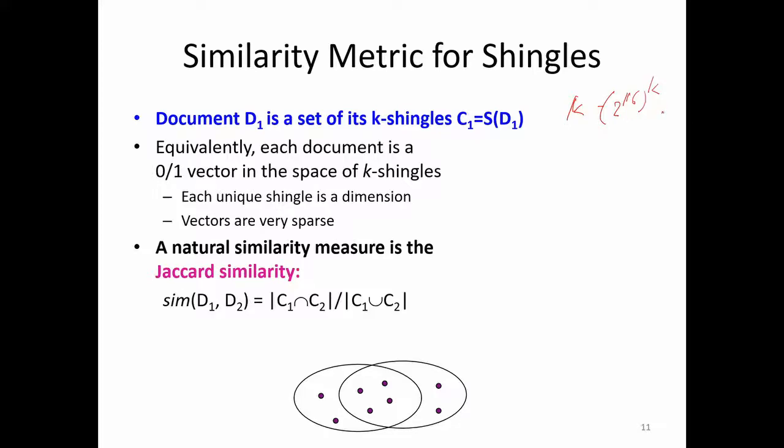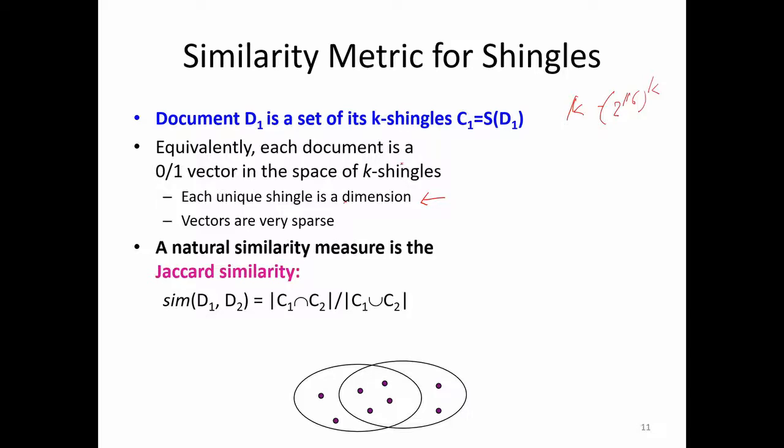So this is now your set of all shingles, and each unique shingle is now one dimension, and your document is now a fixed length vector.